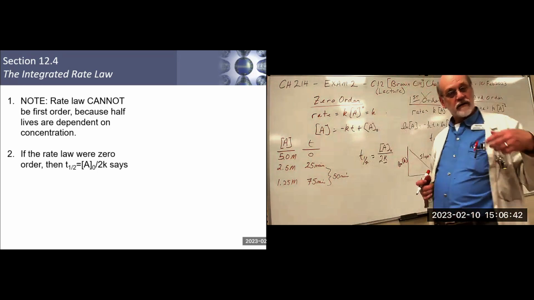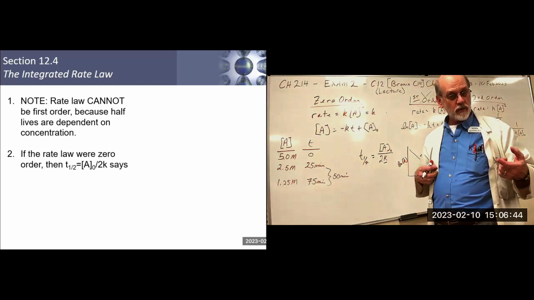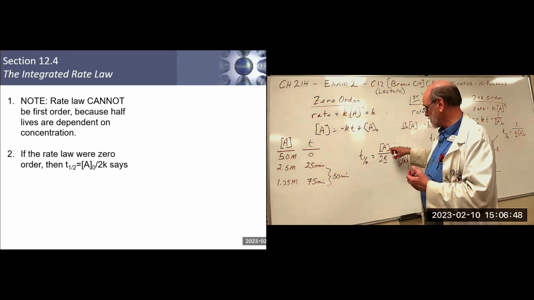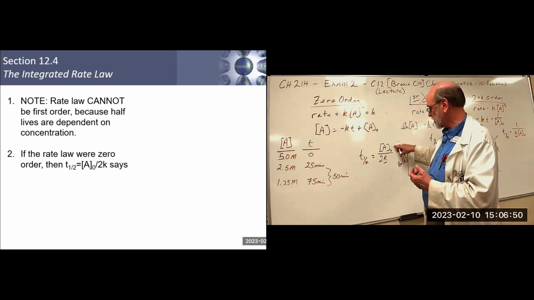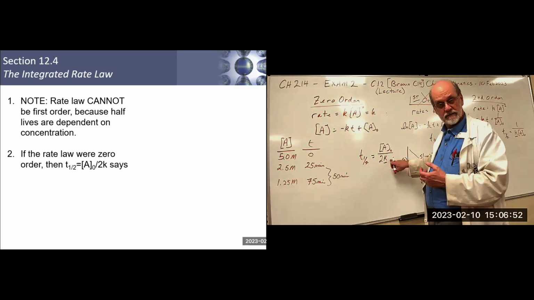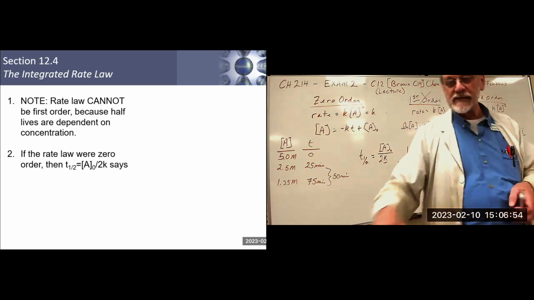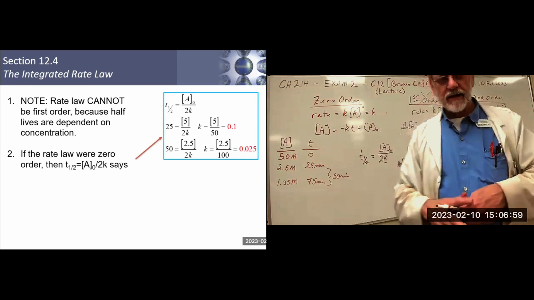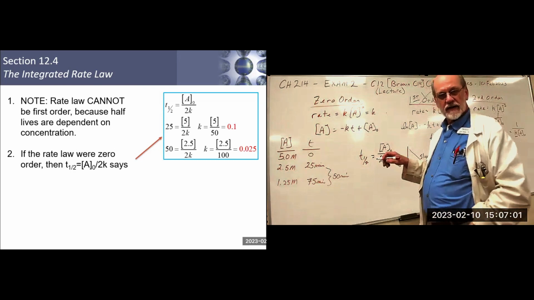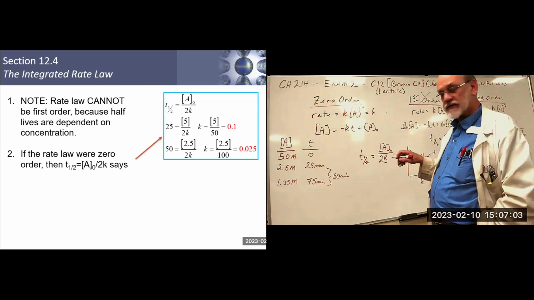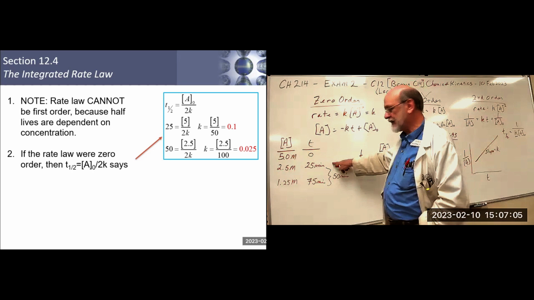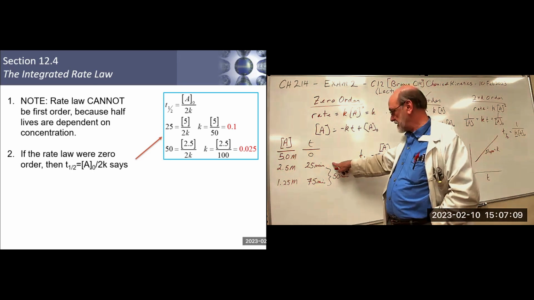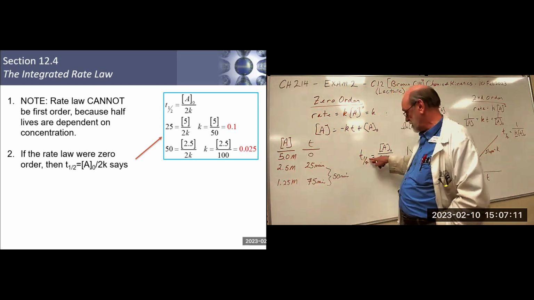Now, if the rate law were 0 order, then half-life would be equal to initial value divided by 2K. All right. So in the first case, after 25 minutes, 25 minutes is the half-life.